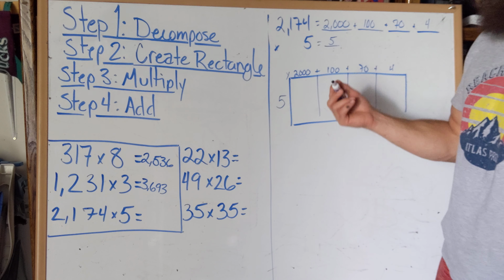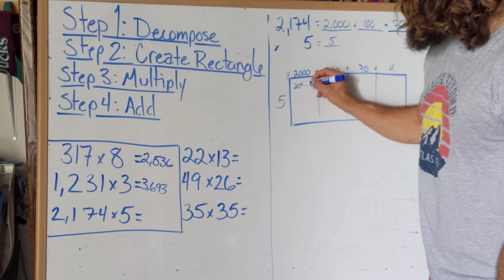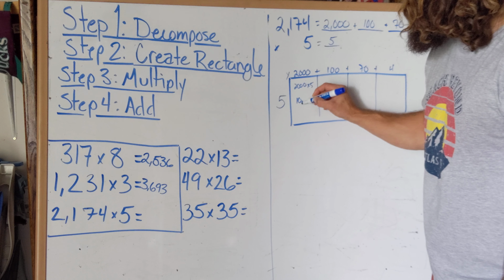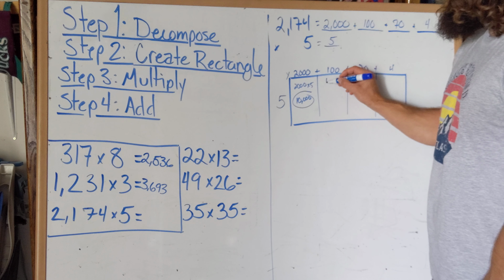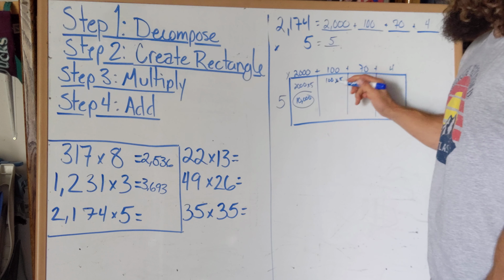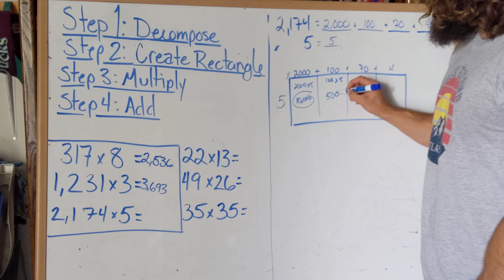5 times 2 is 10, so 5 times 2,000 would be 10,000. 100 times 5. 1 times 5 is 5. 100 times 5 would be 500.